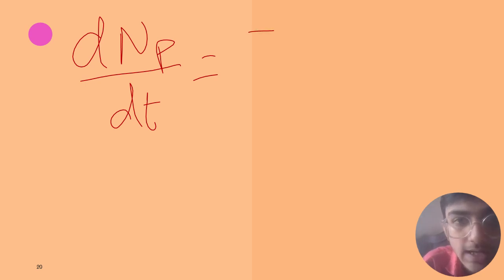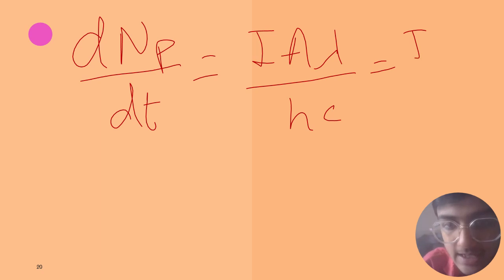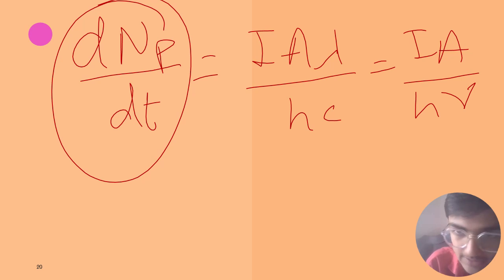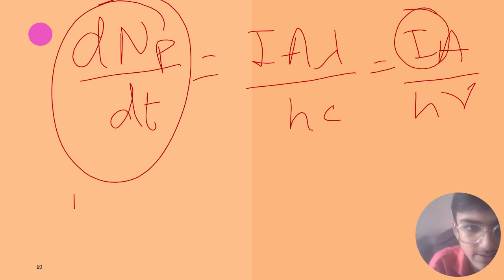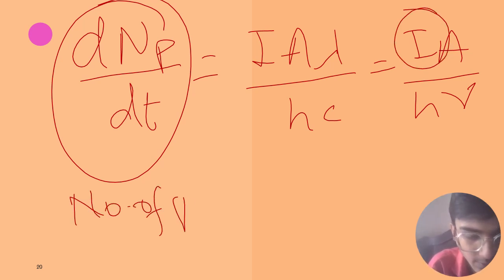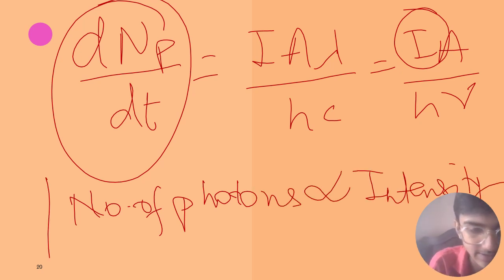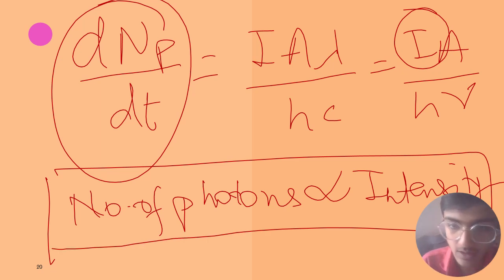It is IA lambda over hc, or you can say IA over h into nu, where nu is the frequency. Now you can see this is the number of photons per unit time, and this is your intensity. So the number of photons is directly proportional to the intensity of incident light.